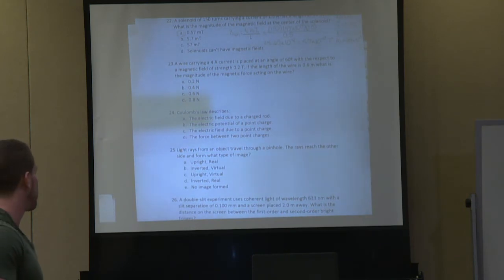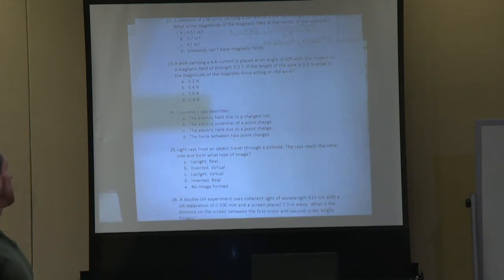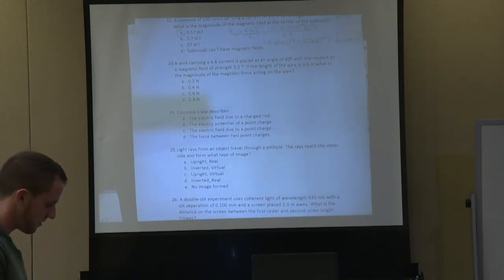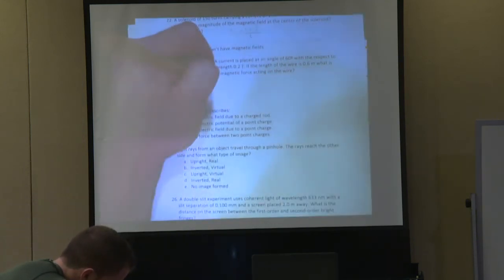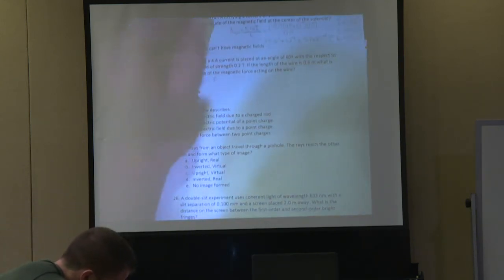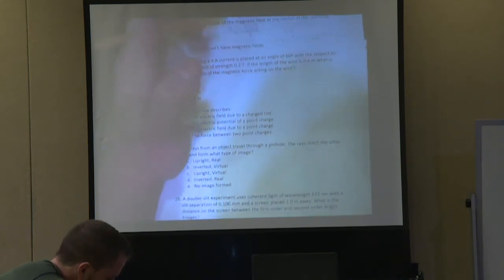A wire carrying a 4 amp current is placed at an angle of 60 degrees with respect to a magnetic field of strength 0.2 teslas. If the length of the wire is 6.6 meters, what is the magnitude of the magnetic force acting on the wire? So, let me start off by pulling out what we're given.